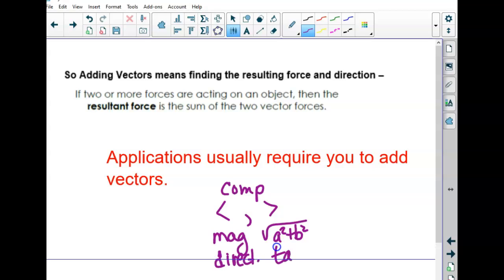So you're going to do inverse tangent of b over a. Sorry, that's a b. When you have the components, you're going to add them together just like this and get new components. Okay, so that's the steps. Let's try it.